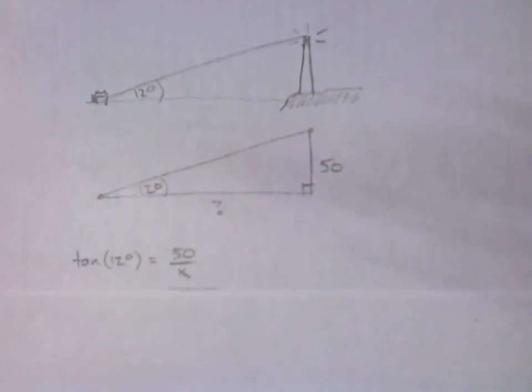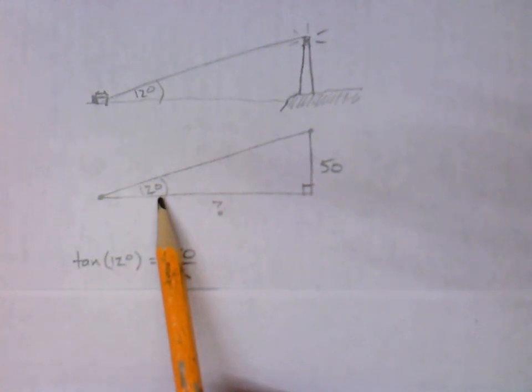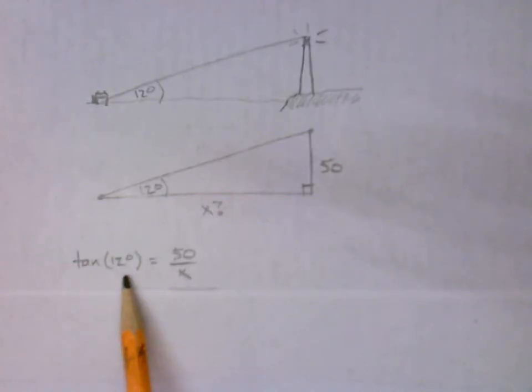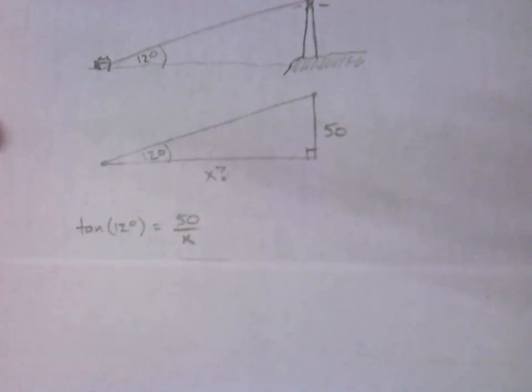I know by looking at this drawing, the tangent of my angle, 12 degrees, is 50 over whatever that is. Maybe I call that x, right? Tangent 12 degrees equals 50 over x. Once I have this equation, I'm pretty fast to the answer.